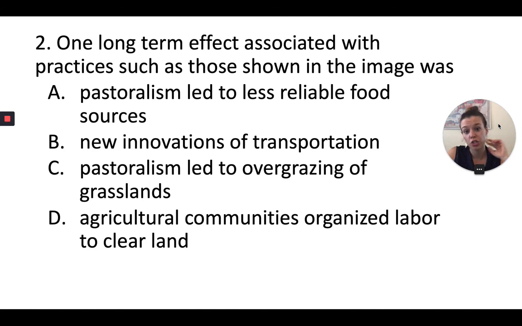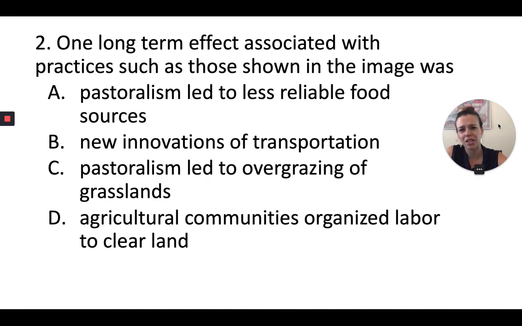One long-term effect associated with the practices such as those shown in the image was, take a moment. Here's the tricky thing, right, about these source-based multiple choice questions. The answer is not obvious. It's not like, what was the name of Egypt's king?